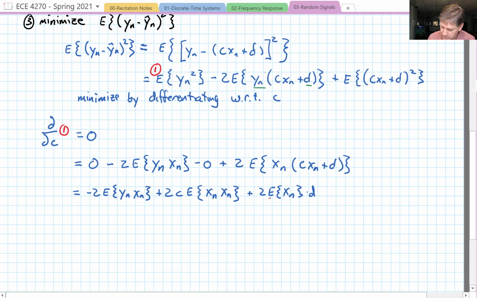Well, the expected value of x[n] is 0 because x is zero mean. And recall we're setting that equal to 0, which implies that c is equal to the expected value of y[n]x[n] over the expected value of x[n]x[n].